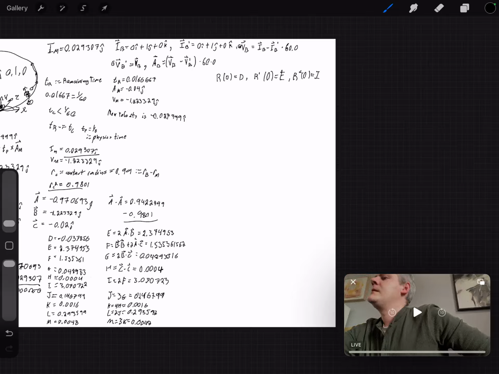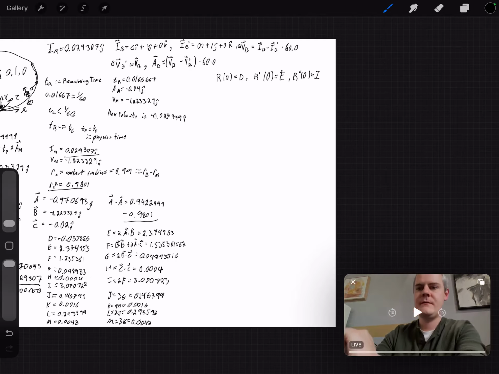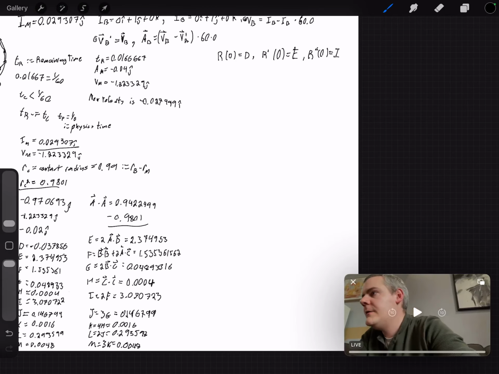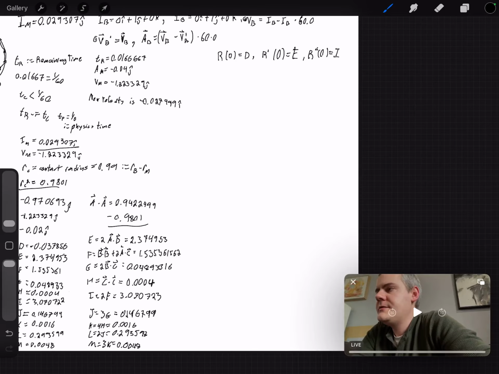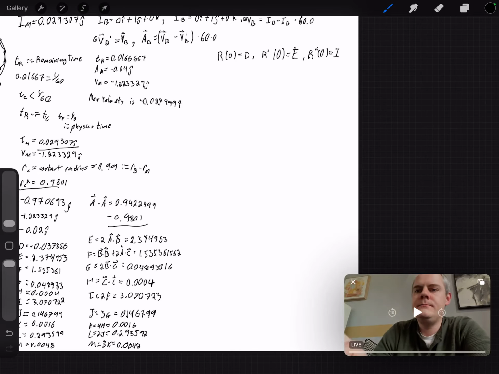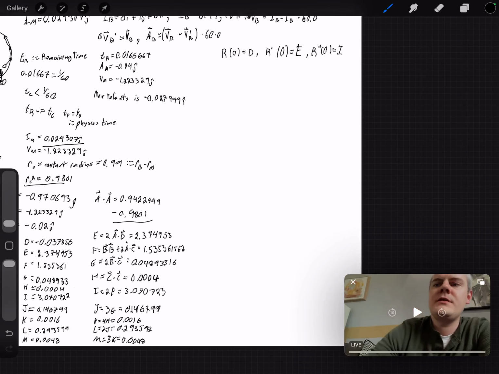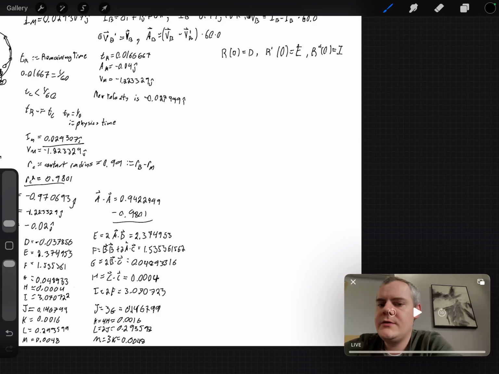Getting coefficients right. Okay, I got some values here. In the code, I call it distance, speed, acceleration. That's r0, r prime 0, r double prime 0.